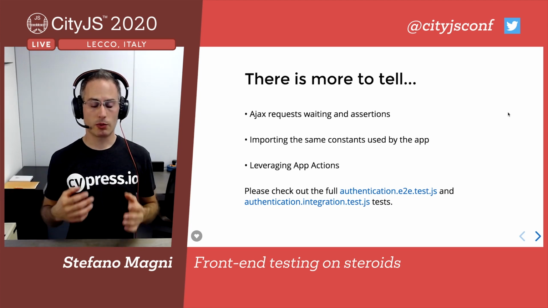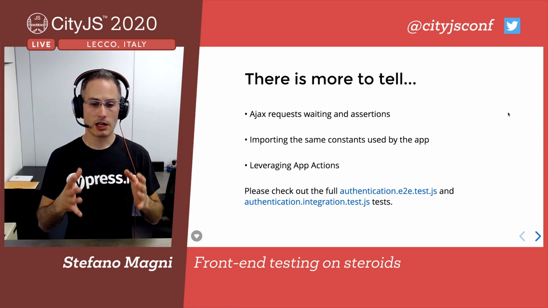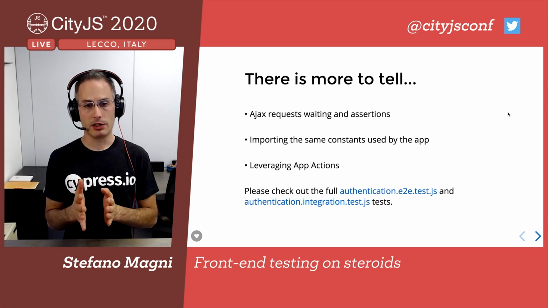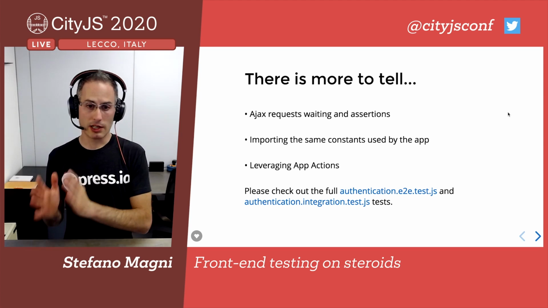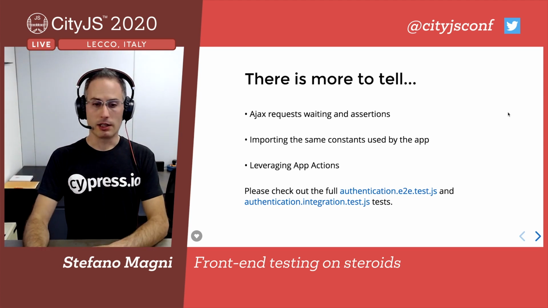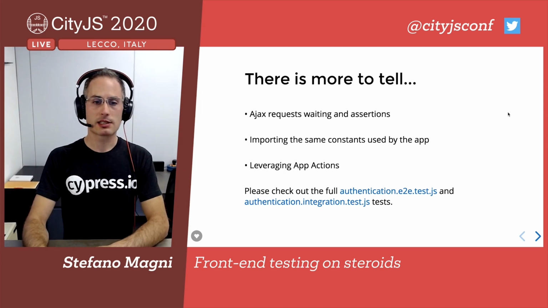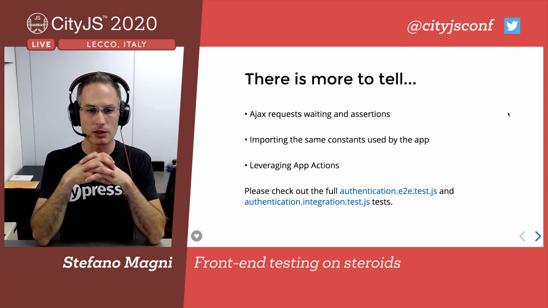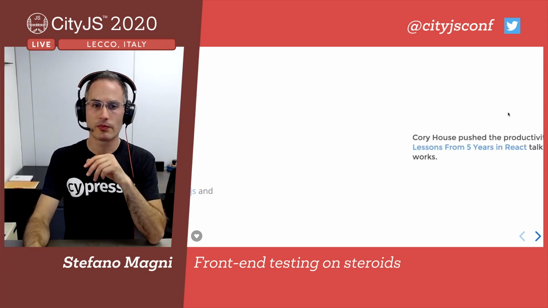So I want to concentrate in this talk on how to reduce the time needed for tests, just using them as a development tool. And again, please check the full test in order to understand a lot more features about Cypress.